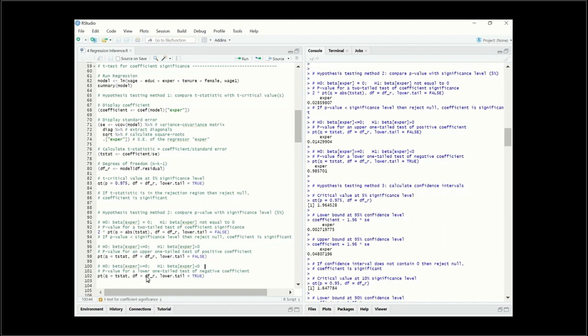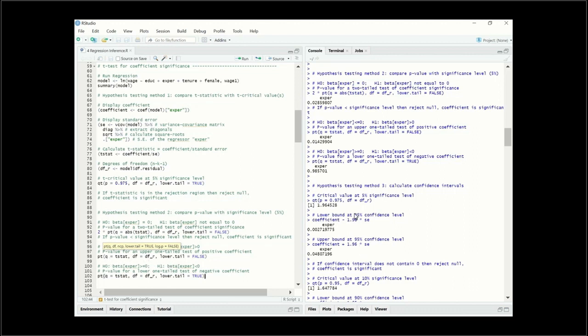And here for the lower one-tailed test, which is testing whether this coefficient is significantly negative, we would be using lower tail true because we would be going from the test statistic to the rejection tail, which is the lower tail. And we would be finding the p-value in the t-distribution for this.